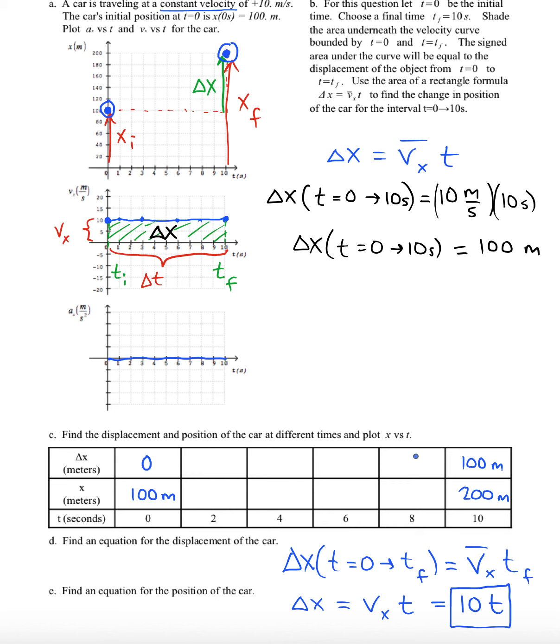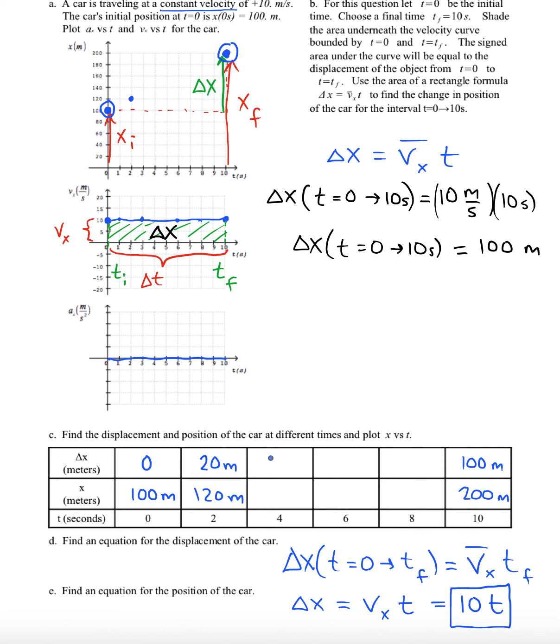It's pretty cool. So plug in t of 2 and our displacement becomes 20 meters. Now we can add that 20 to the original 100, showing that our new position for the car will be 120 meters. And we can go to our graph and plot that as a point.